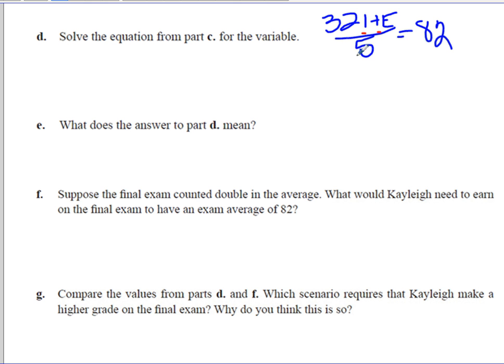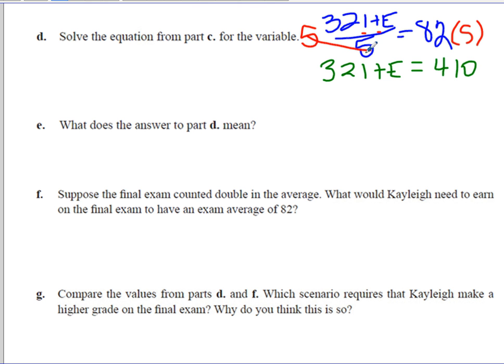We think of fractions as dividing. So to get rid of that 5, so we can separate them, we need to multiply by 5. What that tells us is that the 321 plus the exam score needs to equal a total of 410 points.